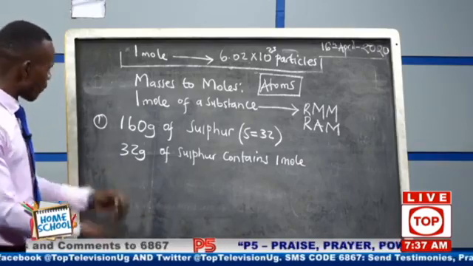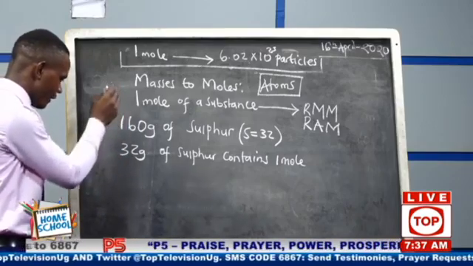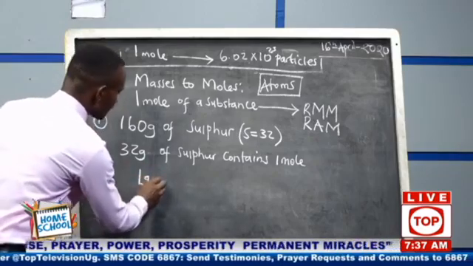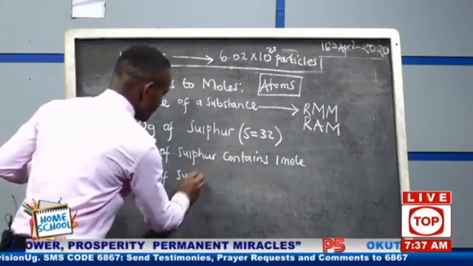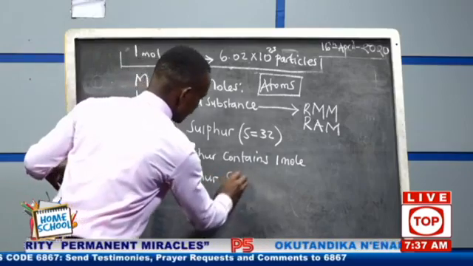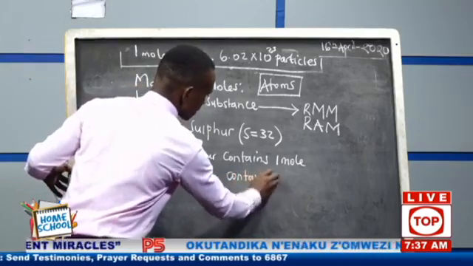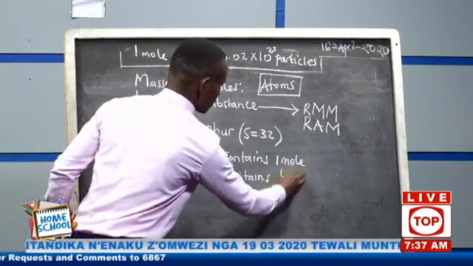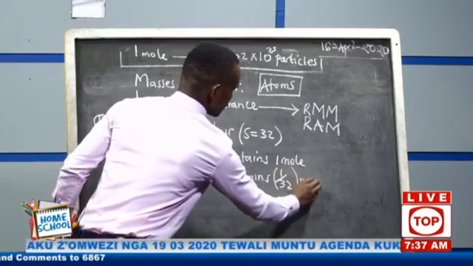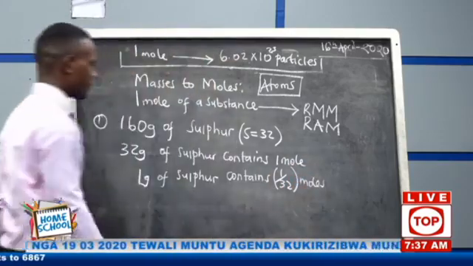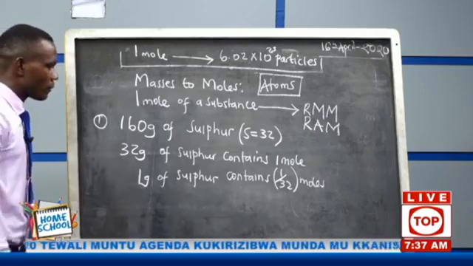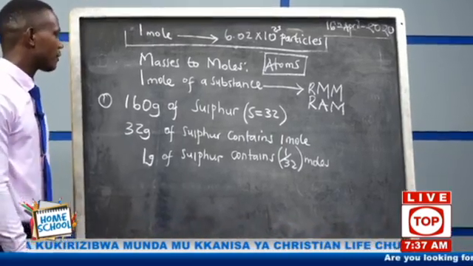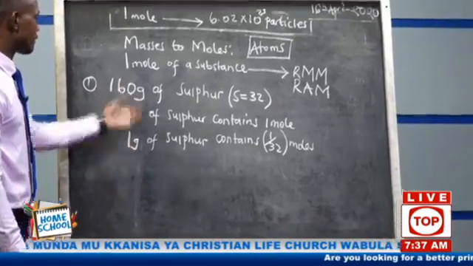Remember I said whatever you have on the left hand side, you have to first put it into 1. That means 1 gram of sulfur contains 1/32 moles. Now we are going to say, what about 160 grams?